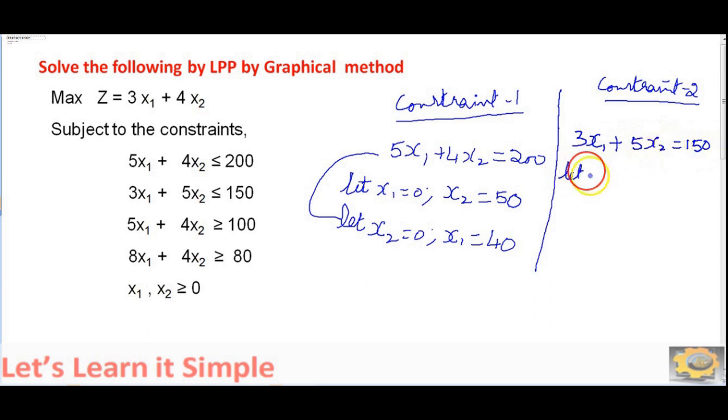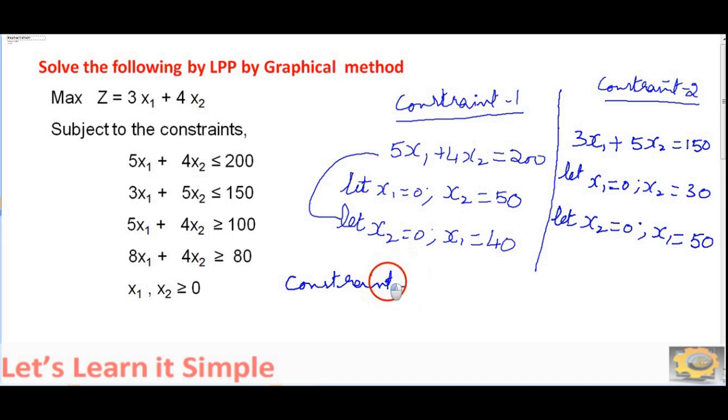First we are going to let x1 as 0. This will give x2 as 150 by 5, which amounts to 30. Then for the same constraint we make x2 as 0. This will give x1 as 50.